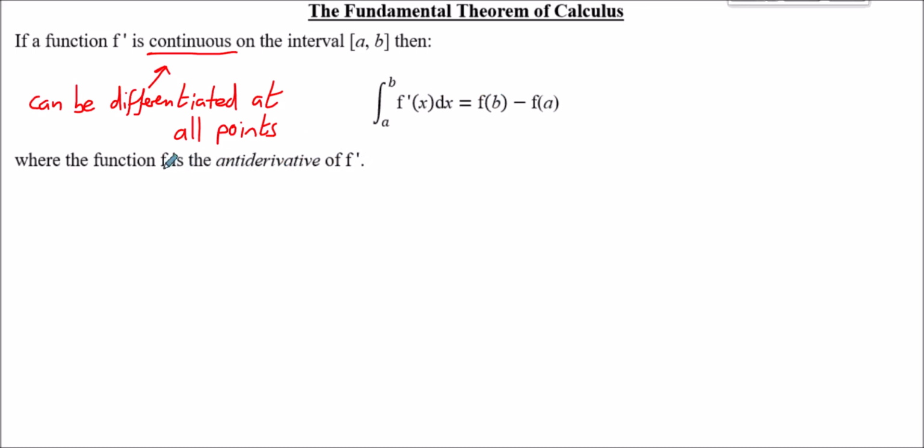In other words, where the function f is what we get when we integrate f dashed, with these particular limits substituted in for that value of x. It's much easier when we put it into practice, and in fact the previous example was using this idea, but this is the formal statement of what is known as the fundamental theorem of calculus. So you need to know what the fundamental theorem of calculus is. Don't worry about any proof yet.